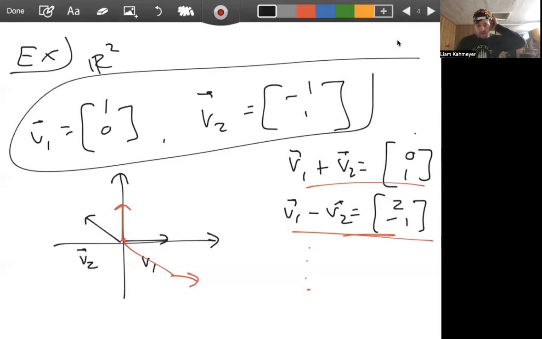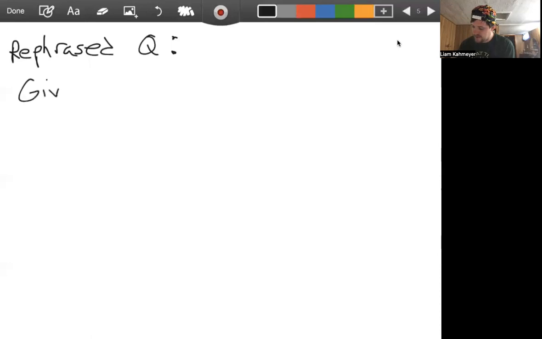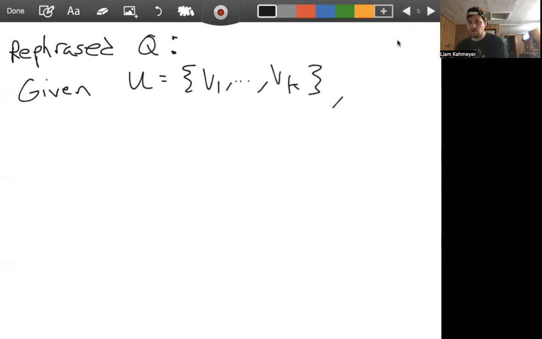And so we want to understand this formally, and we also want to understand how to calculate the span of a set of vectors. Our question rephrased now is, given this set of vectors, say v1 through vk, what is the spanning set?